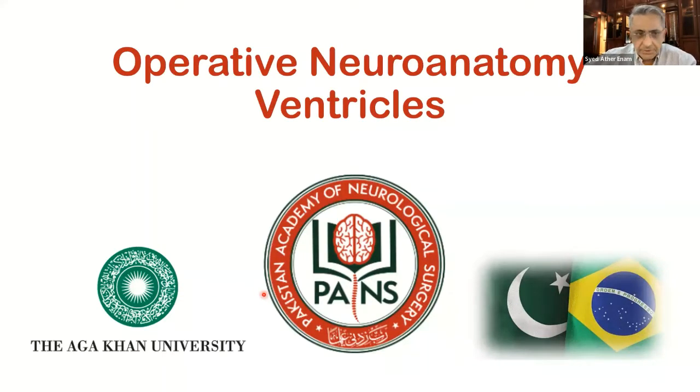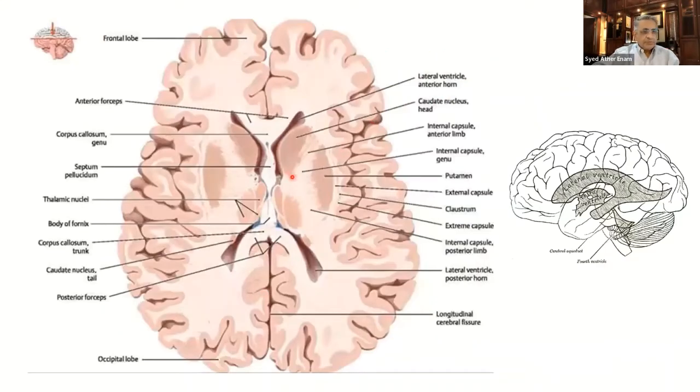All right, so I will just go over this a little bit, just to refresh the anatomy and point out a few things. All of us know about the lateral ventricle and the atrium and the frontal horn, the occipital horn and the temporal horn. We all know about the foramen of Monro. We all know about the third ventricle and the pineal recess over here, the infundibular recess and the suprachiasmatic recess.